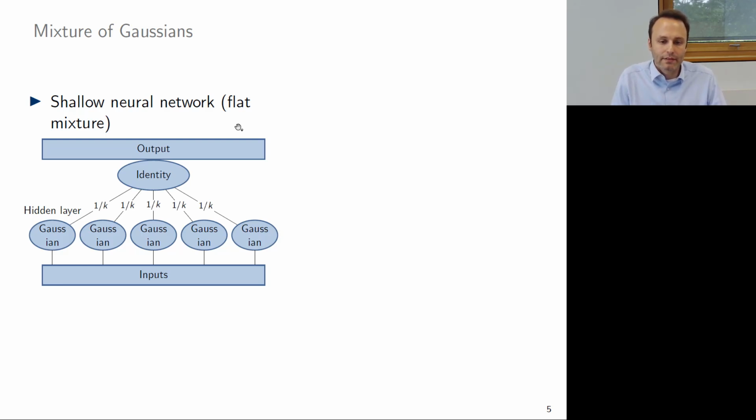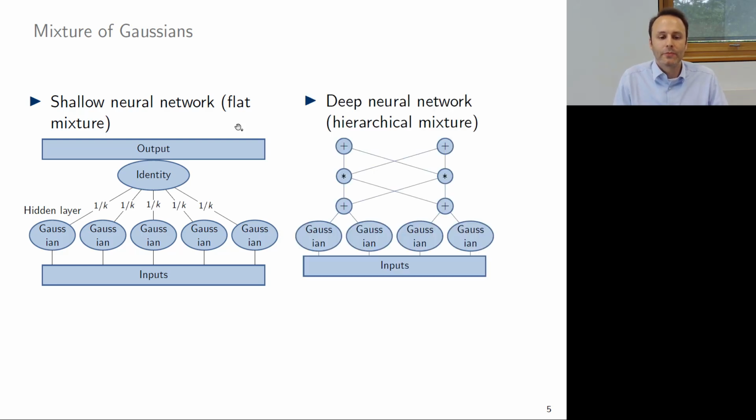Now the advantage of the deep neural networks is that we can use a hierarchical structure to get also a Gaussian mixture of a large size. But the advantage is to keep this computationally quite tractable because we use these many different layers. So what we do is we take 2 Gaussian units, for example, and sum them up.